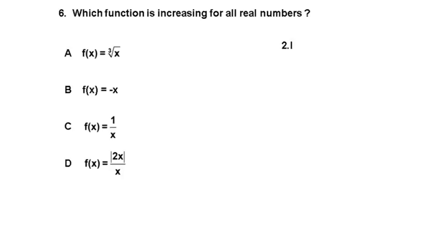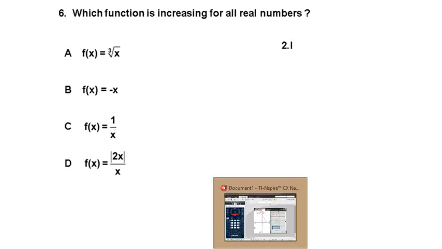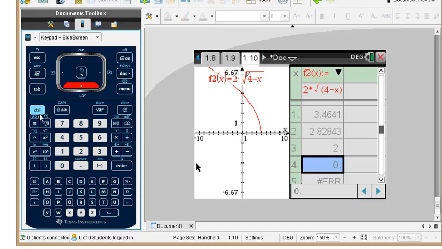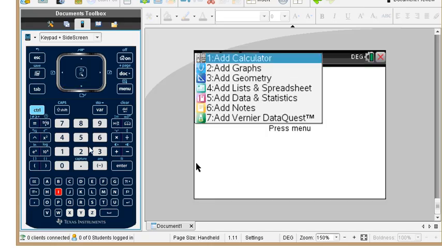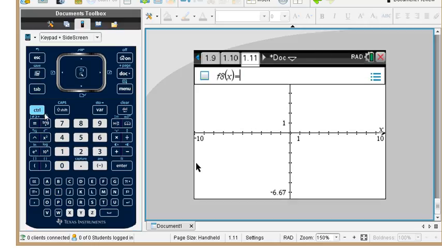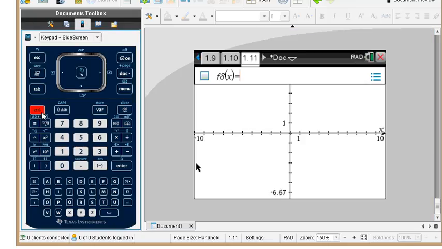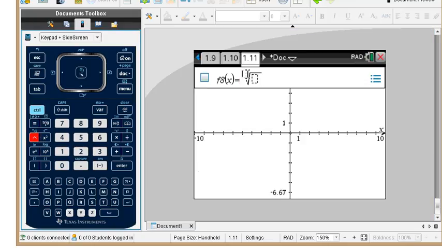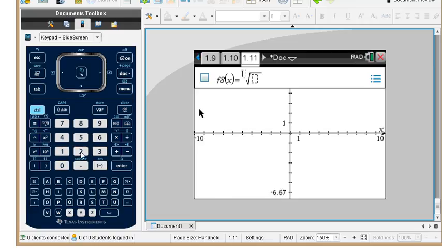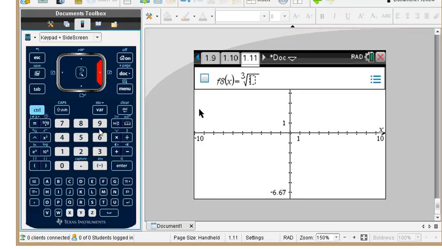6. Which function is increasing for all real numbers? You can graph all these. Now I want to go ahead and graph answer choice A, the cube root. f of x equals the cube root of x. So let's go to the calculator. Where to do that is you press Control and this exponent key on the left, and up here you can press 3 and then x.